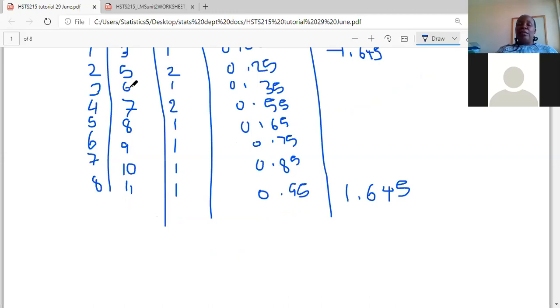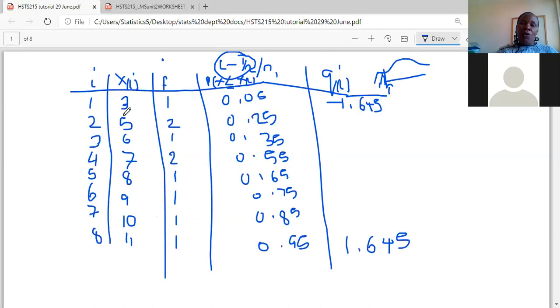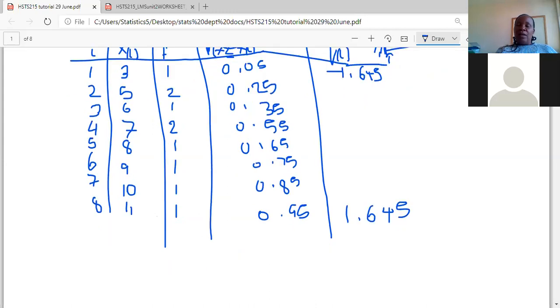So a straight line is indicating more like they share the same distribution. So if these values follow a normal distribution, we expect that the scatter plot of these values versus the ones where we are assuming a normal distribution should be in a straight line, right? So that's the first part.